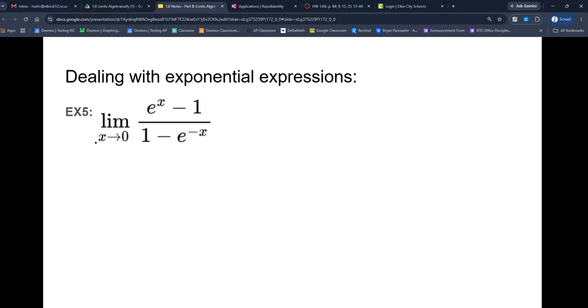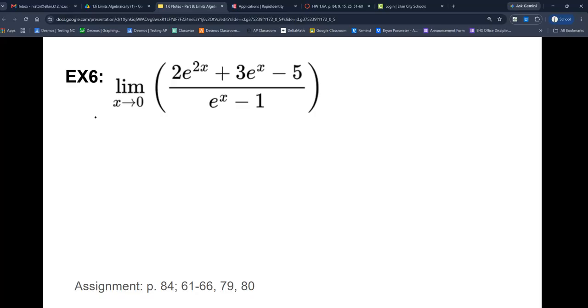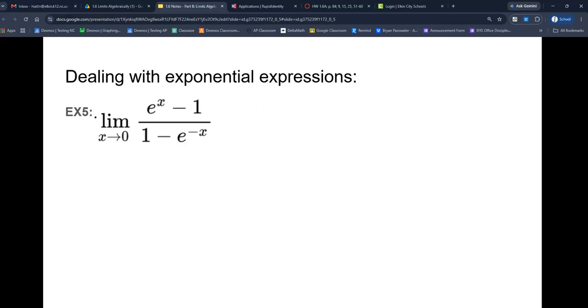Exponentials. I'm going to say there is not enough time to do this properly.